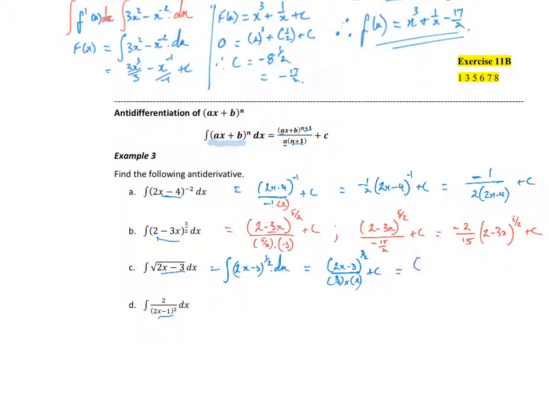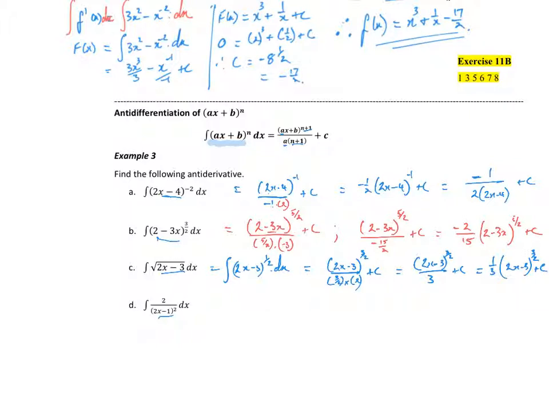So I get 2x minus 3 to the 3 on 2 over 3 on 2 times 2 is 6 on 2, which is just 3, which typically we might bring that 3 out the front there, to the 3 on 2, plus c.